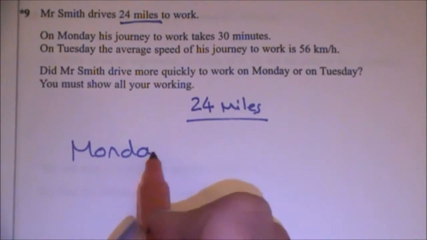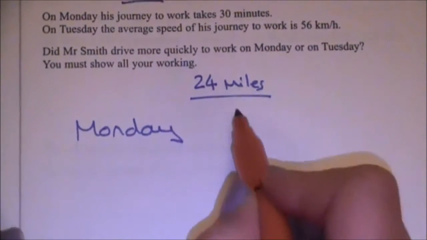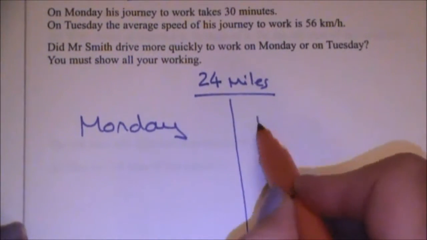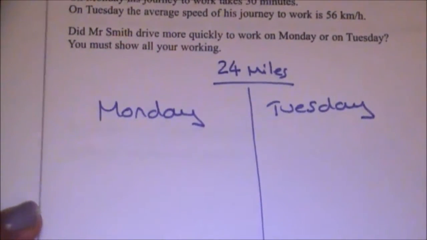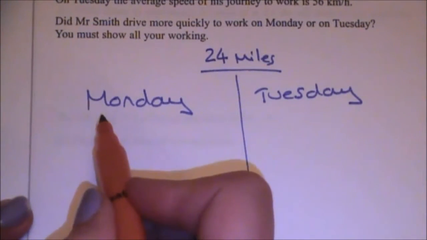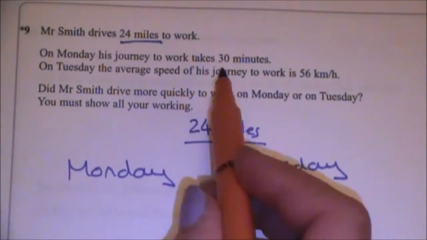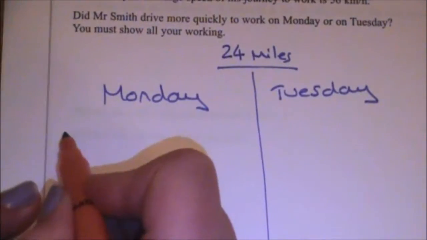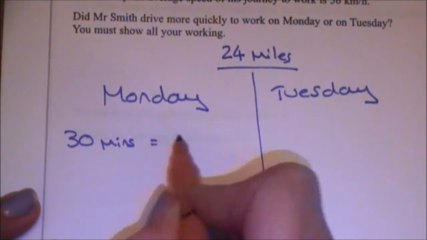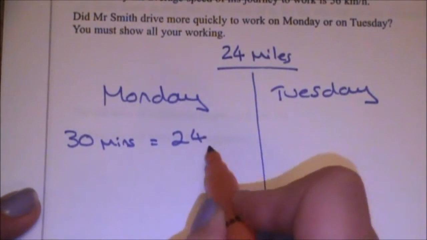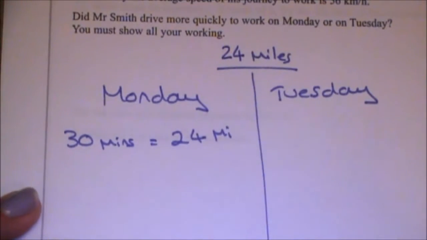On Monday, and I'll keep Mondays down here, and I'll split this, and I'll have Tuesday there. So on Monday, his journey to work takes 30 minutes. So I'm going to say that 30 minutes equals that 24 miles.